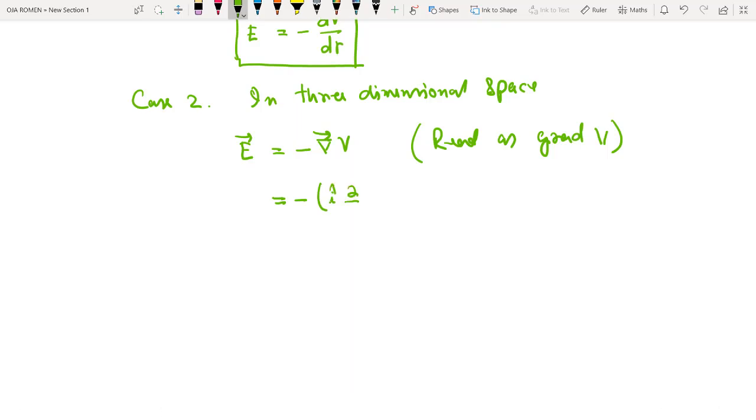So I del by del x plus J del by del y plus K del by del z. So the V may be a function of x, y, z. Now partial differentiation.